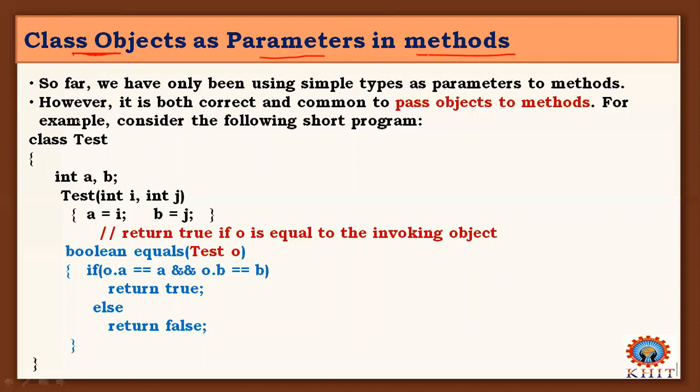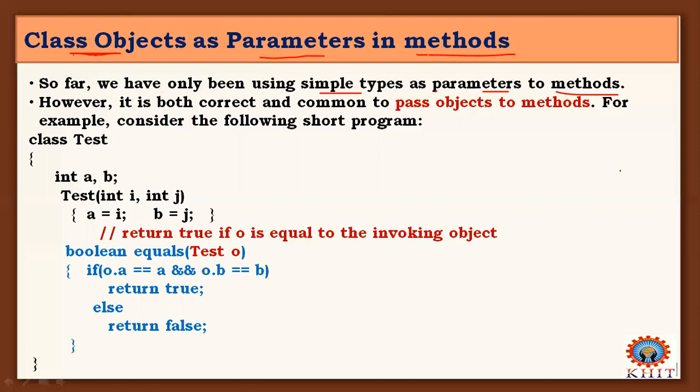So far we have only been using simple types of parameters for methods, meaning primitive types like integer, float, double, long.